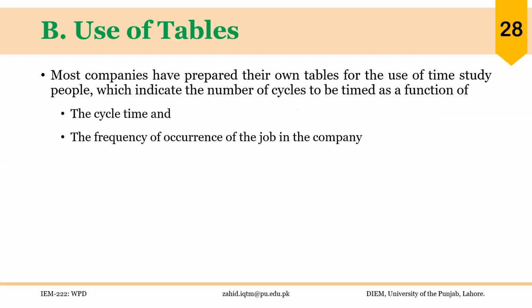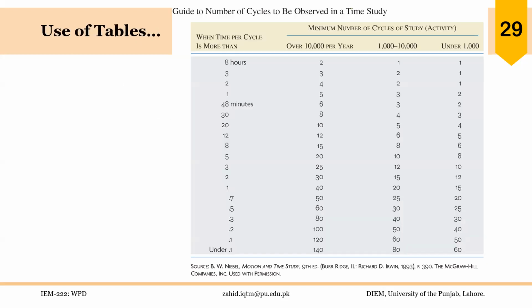A simpler approach to find N is using tables, and it gives quite reasonable results. Most companies have prepared their own tables for the use of time study people, which indicate the number of cycles to be timed as a function of the cycle time and frequency of occurrence for the job in the company. So here is one example of such tables.